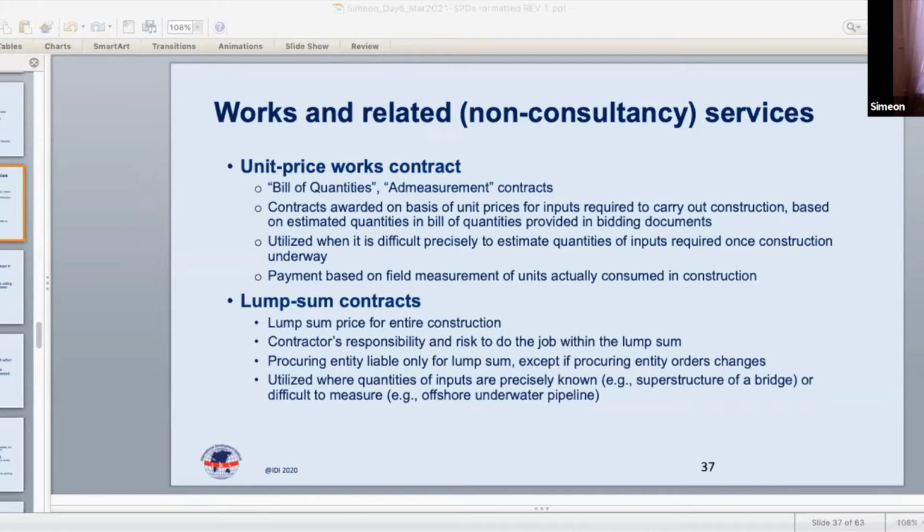conditions of contract. Now, rules of interpretation, I would just highlight the Incoterms, which I think most people know. That's a very interesting topic.